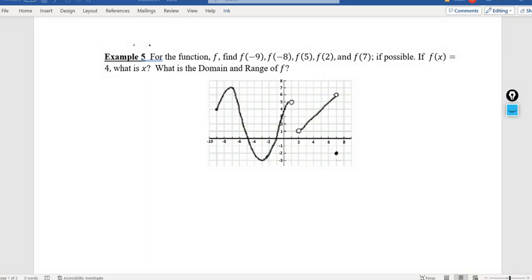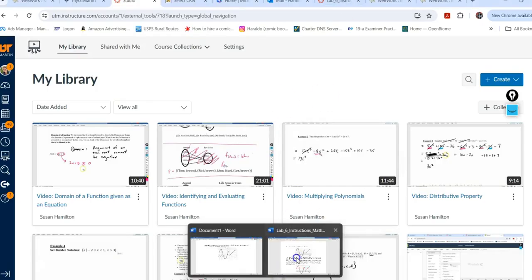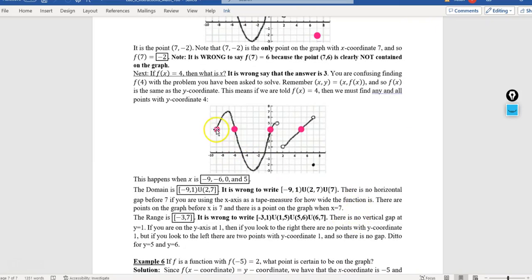Now let's look at that one. Oops, it's here. Okay, so I've done that. I've marked the points in red. So if f of x equals 4, what is x? It is wrong to say that the answer is 3, because 3 is what you get if you are finding f evaluated at 4.